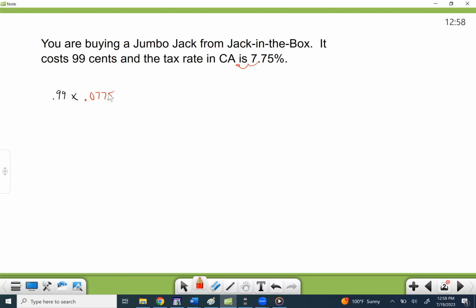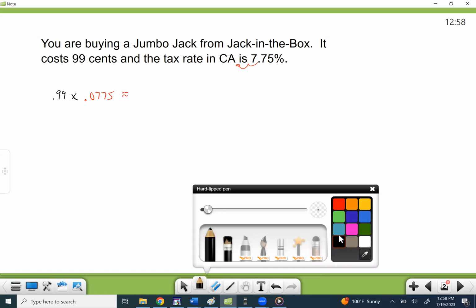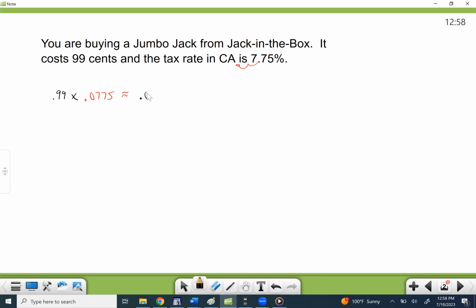So 0.99 times 0.0775 on my calculator gives me 0.076. Since we're talking money, we know where to round. We've got to round to cents. So this 6 is going to round it up, we're going to say 7 cents, or 0.07, whatever. That tells me the tax, right, you guys?